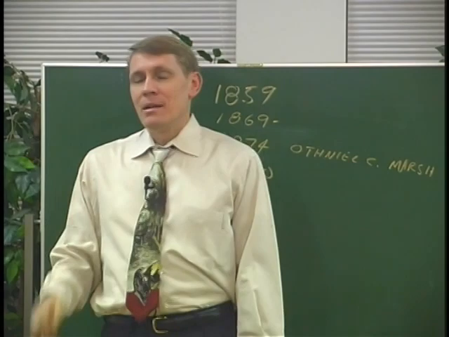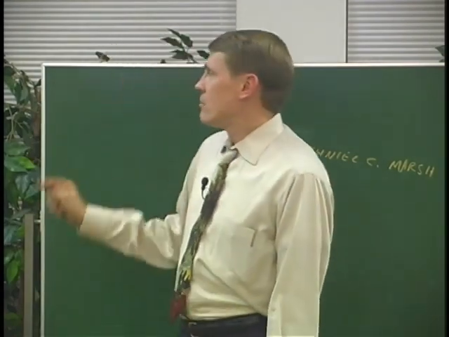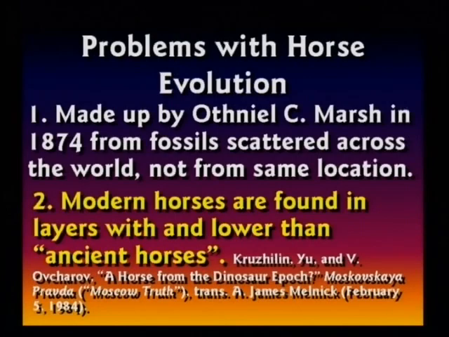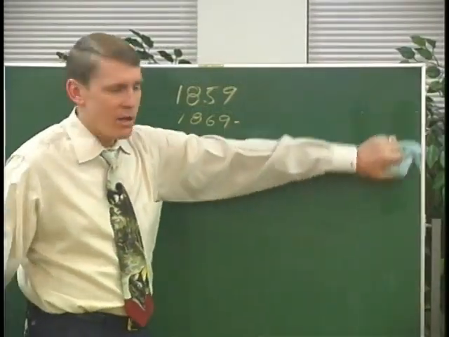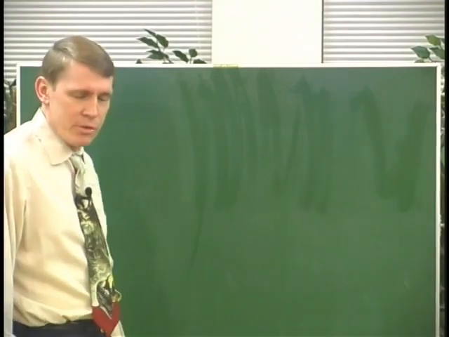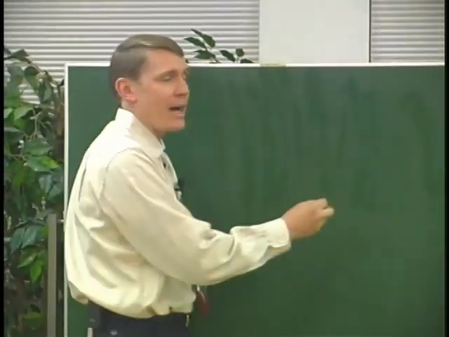Okay? Russian scientists found modern horses in layers lower than the so-called ancient horse. Now here's how evolution is supposed to work. They say we've got these different layers of rock, and each one is a different age, and it all means something. Now, we covered earlier in seminar part CSE 102, those layers don't mean anything. They're not different ages.